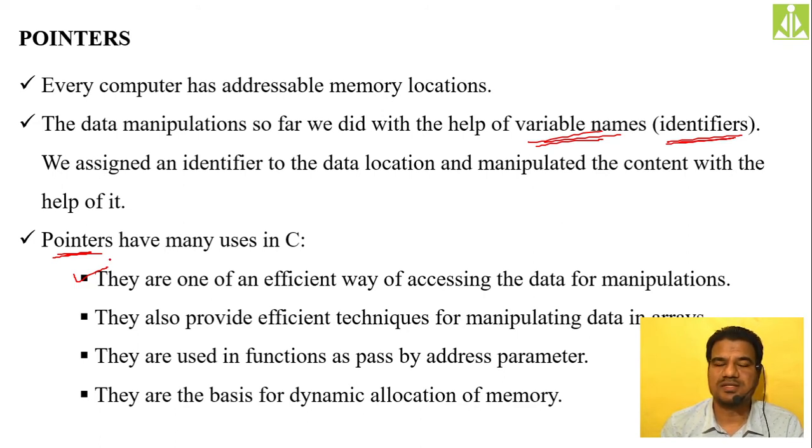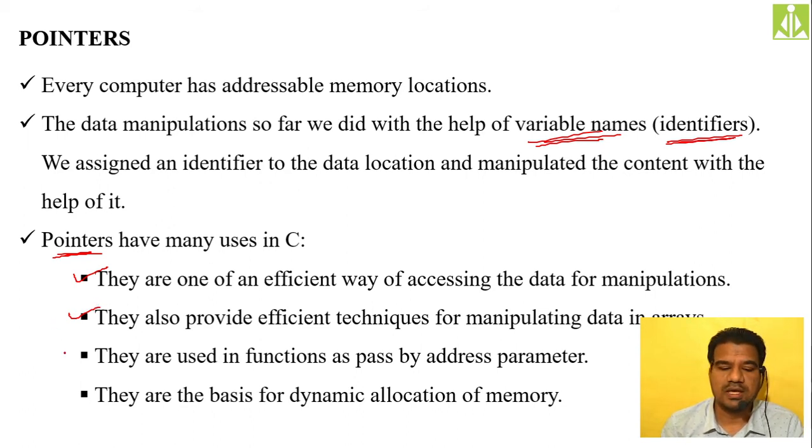So that's the reason we are saying pointers are the efficient way of manipulating the data in our computer program. Not only will the access become efficient, they also provide efficient ways to manipulate the data. So this is also one of the uses of pointers.